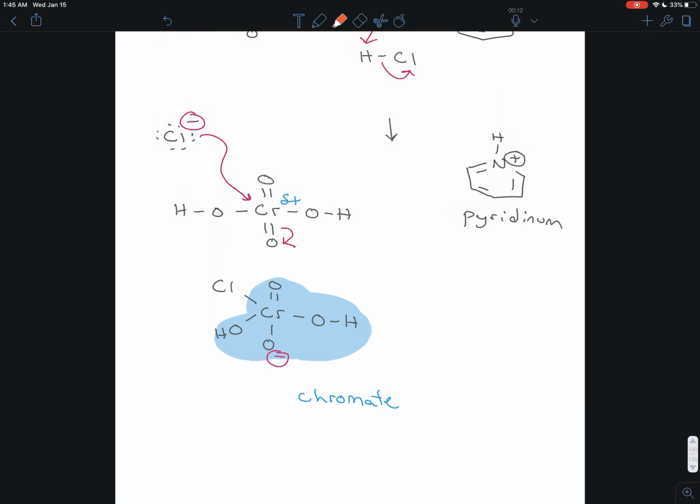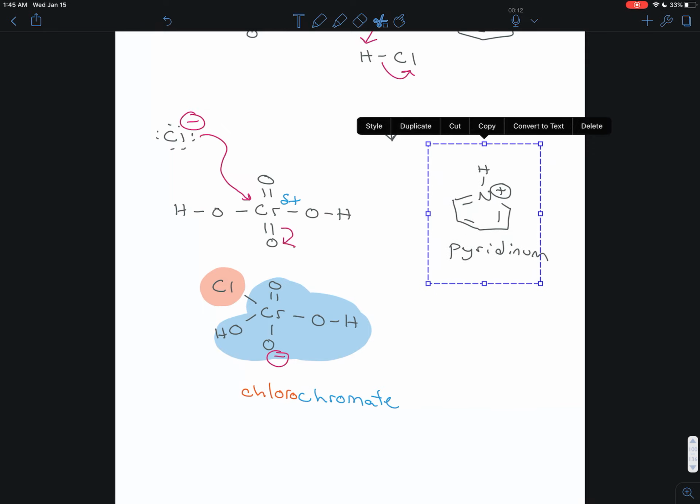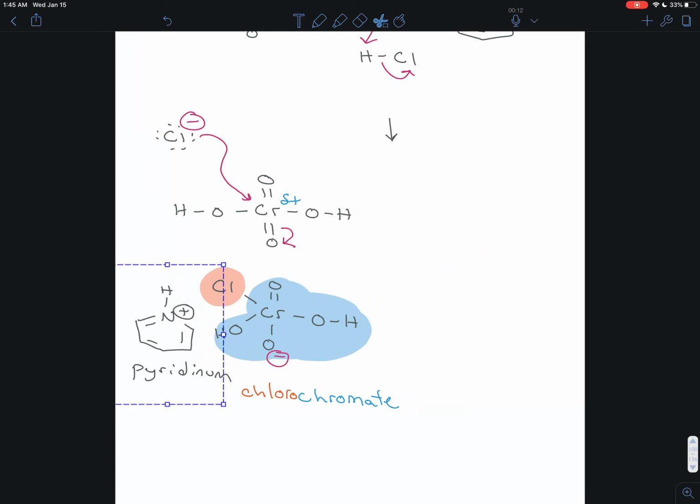The other thing is a chlorine. So that's called chlorochromate. And you'll notice it has a full negative charge on that oxygen that is paired up and stabilized by the full positive charge on pyridinium.